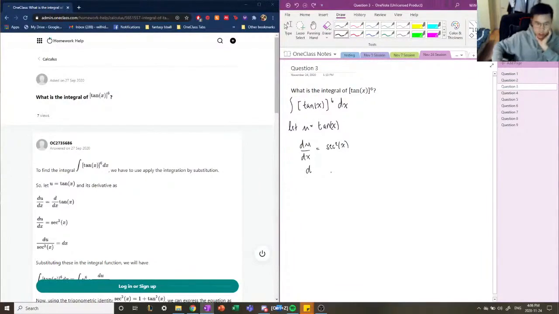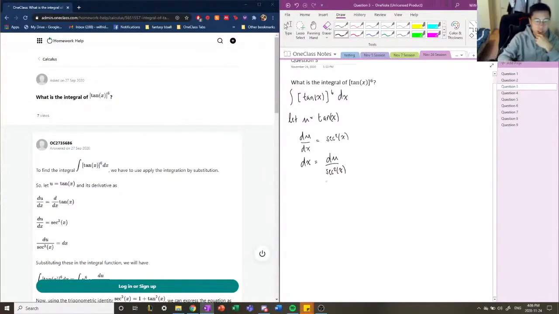I should write dx, so dx equals du over secant squared x. Then we're going to sub these two equations into our integral.